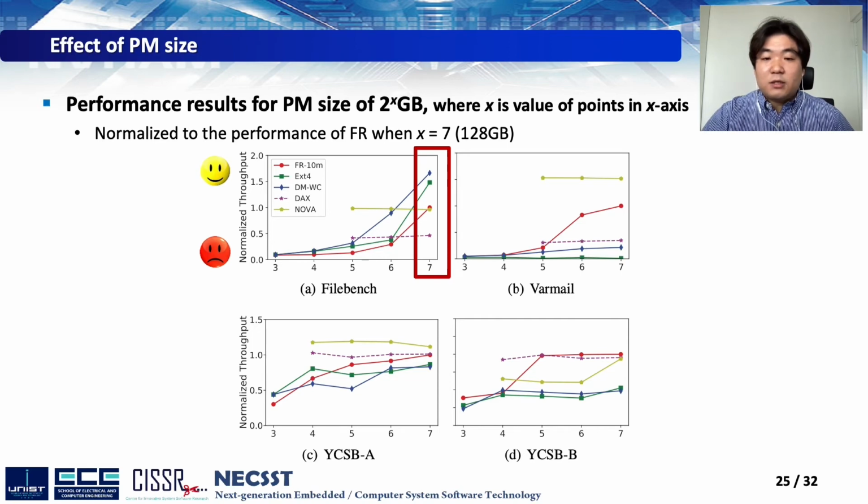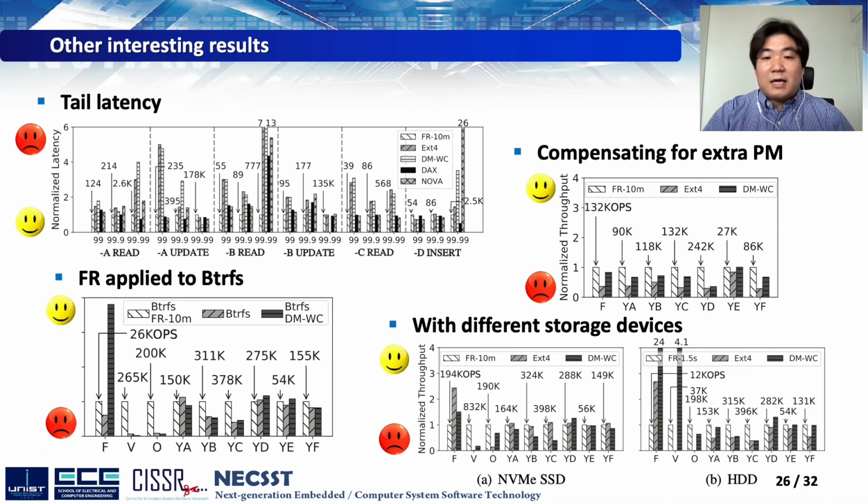The overall trend for FR, ext4, and DMWC are similar, though the drop in performance for FR is slightly greater. NOVA and DAX do not work in environments where the workload size is larger than the PM storage size. There are other interesting results discussed in the paper, but we omit them in this presentation due to time.